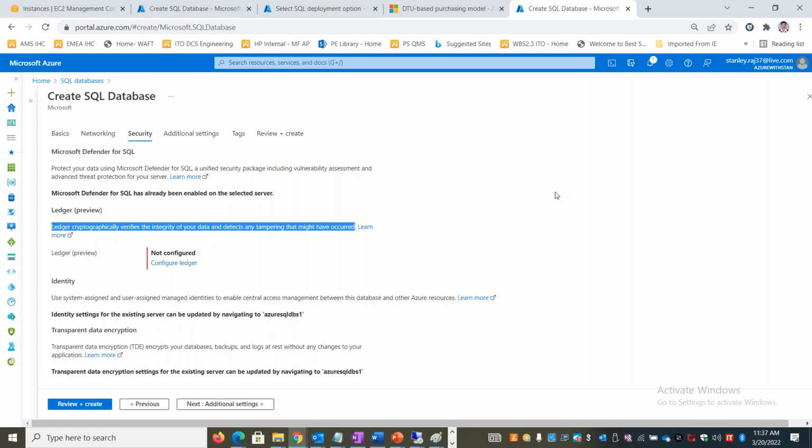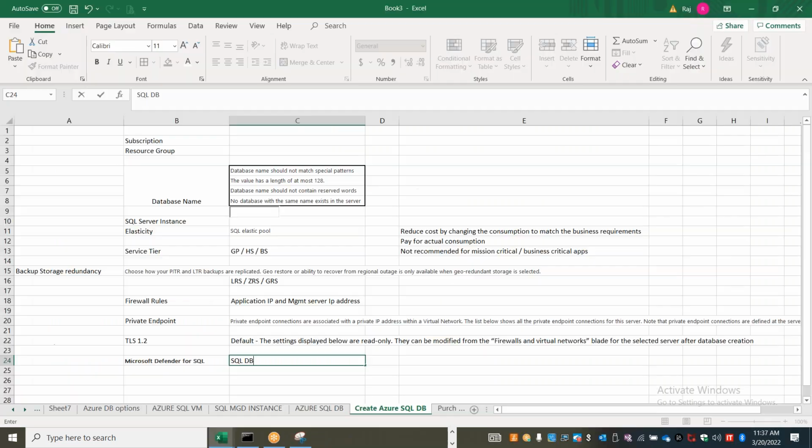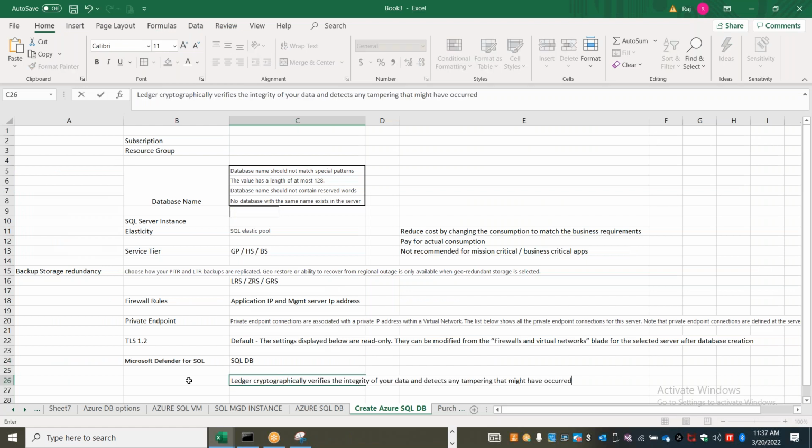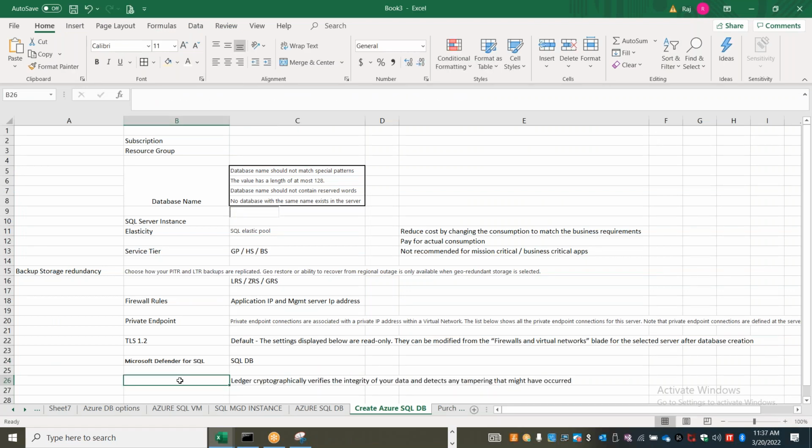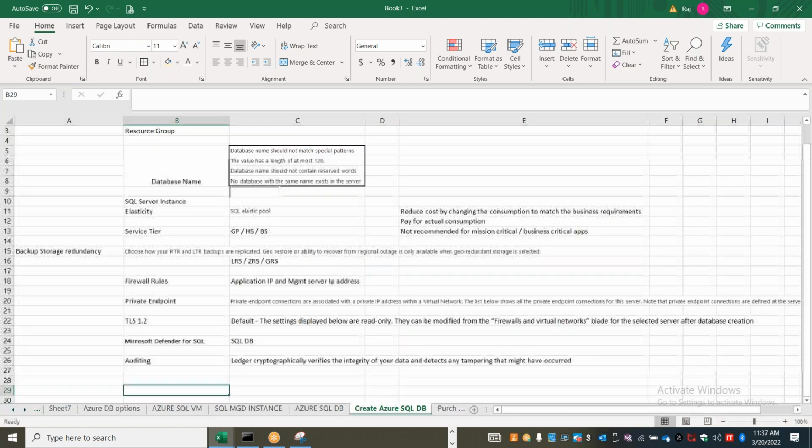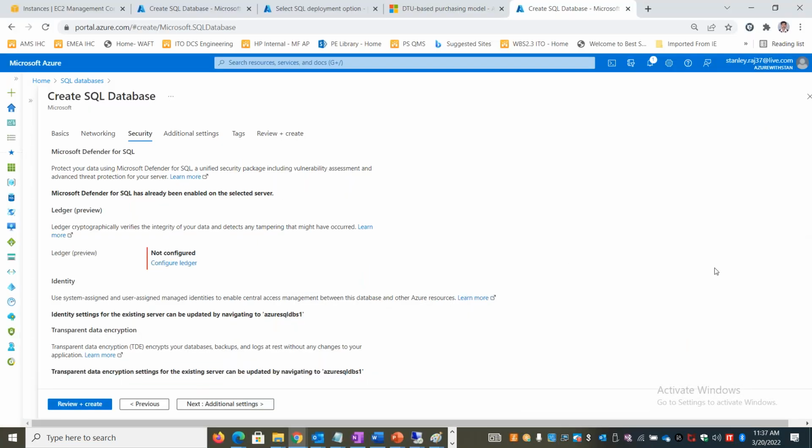This is to make sure that no one is modifying the data, or whoever is modifying it is authorized to do it. This is for auditing purposes. If you want to track all the data changes and have everything logged or captured, you can go and configure the ledger. This is in a preview state now.